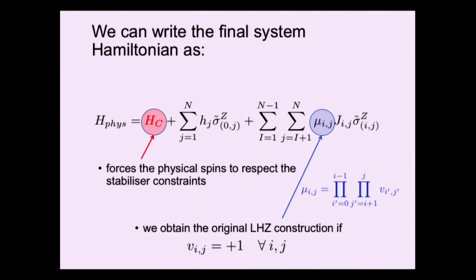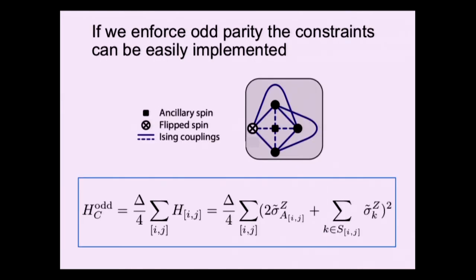While if we play with the values of Vij, we can obtain a number of different constructions that I will now survey. So the first construction we can obtain is, rather than enforcing even parity, we can enforce odd parity. The advantage of this is that rather than using 2 ancilla qubits, we can simply use 1 ancillary qubit.